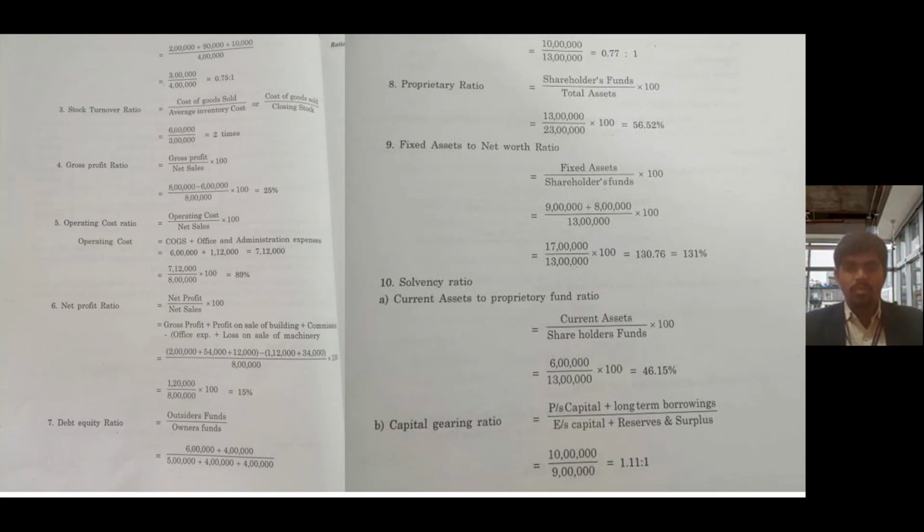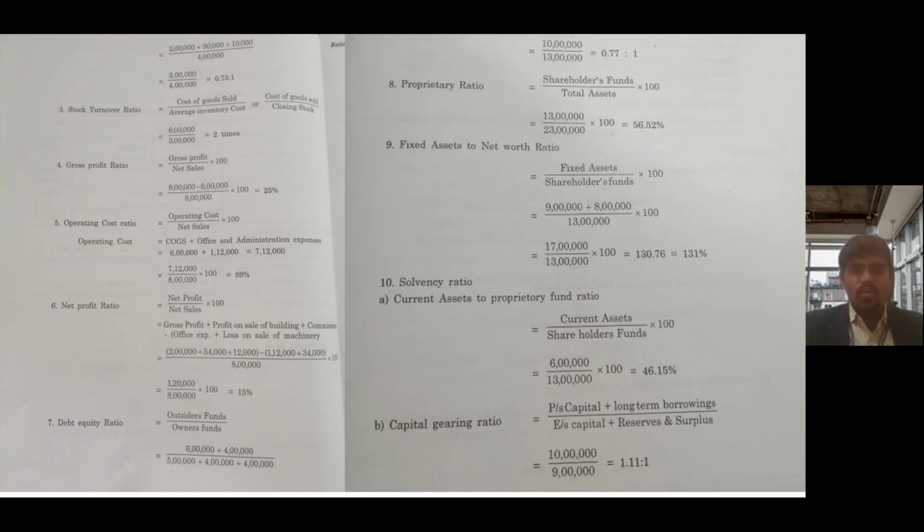Owners' funds and shareholders' funds are the same, so we take the same value we calculated in the previous ratio, 13 lakh rupees, or we can take 5 lakh plus 4 lakh plus 4 lakh. That is 5 lakh of equity share capital, 4 lakh of preference share capital, and 4 lakh of reserves and surplus. Total is 13 lakh rupees, divided by total assets.